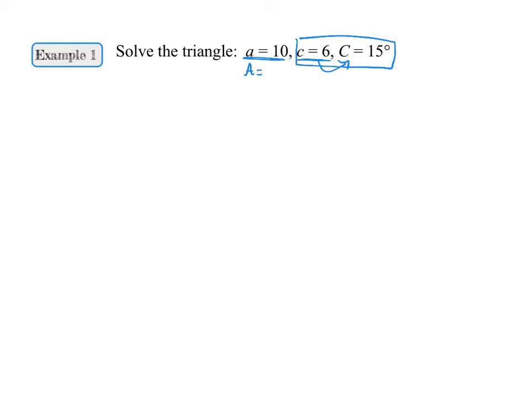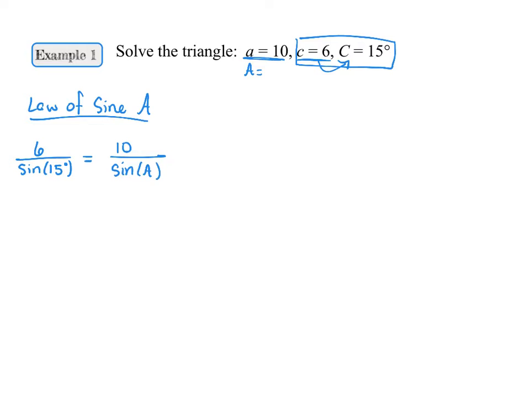So the first thing I'm going to do is use law of sines to find angle A. So I'm going to set up that proportion by creating the side 6 over sine of the angle that is across from it, so 15 degrees, and setting that equal to side A, in this case 10, over sine of the angle A. I'm going to use cross multiplication to solve this.